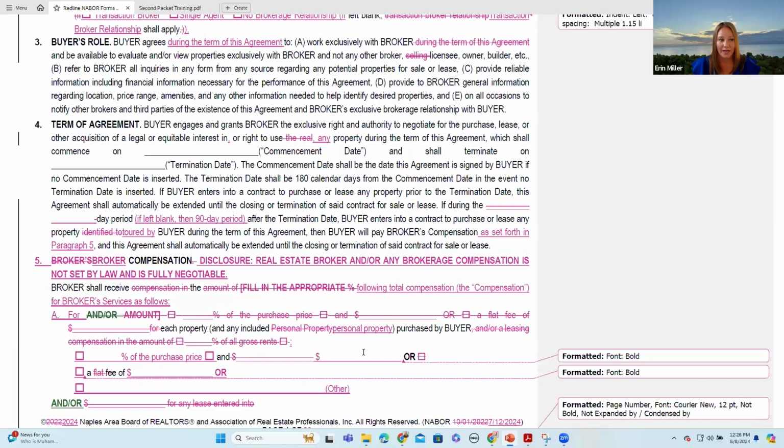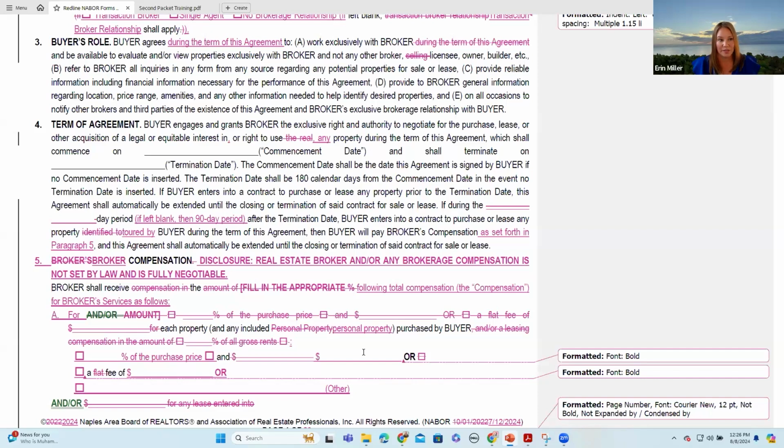There's also a protection period. If during the blank day, we've got a 90-day default protection period. So if during the protection period after the termination date, the buyer enters into a contract to purchase or lease any property toured by the buyer during the term of this agreement, then the buyer will pay the broker's compensation as set forth in paragraph 5, and the agreement will be automatically extended until the closing or termination of the said contract for sale or lease.